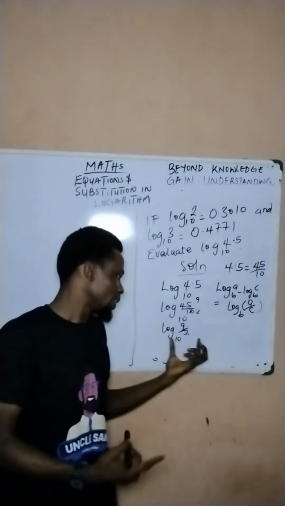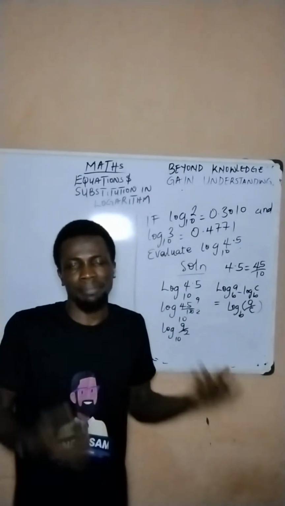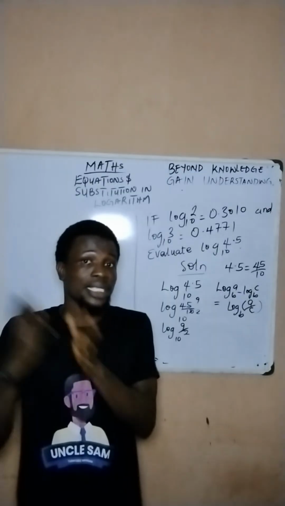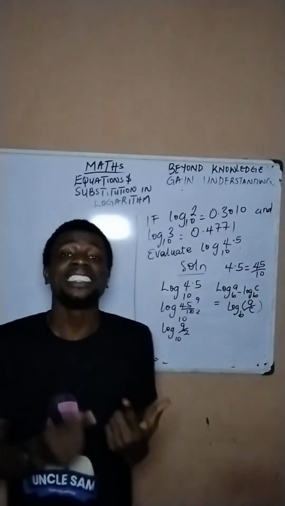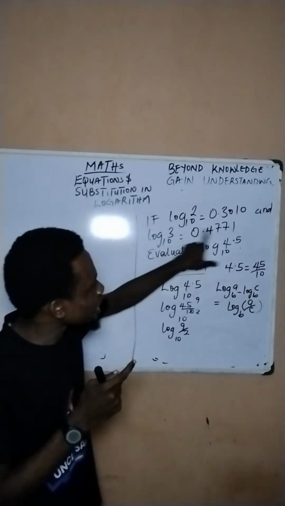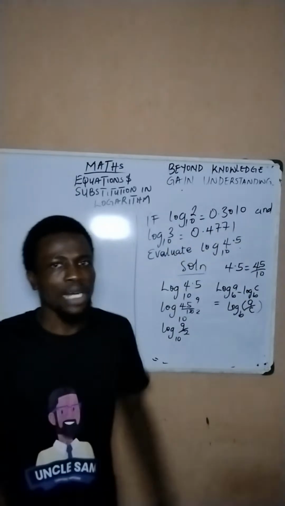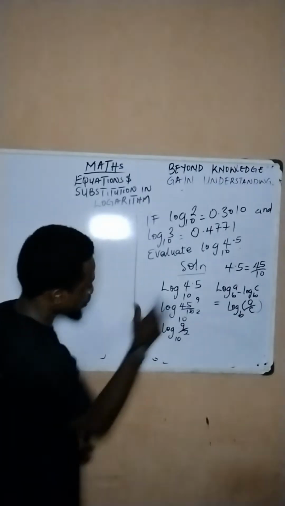I now want to put this form in this form because according to the law of logarithm, both of them mean the same thing. And putting it in this form will help me in actualizing my dream. What is my dream? My dream is to represent this expression in terms of log 3 and log 2 base 10. Okay, so let's go on and do that now.